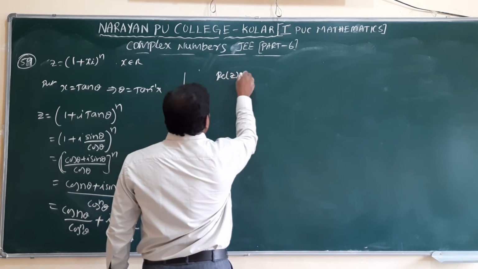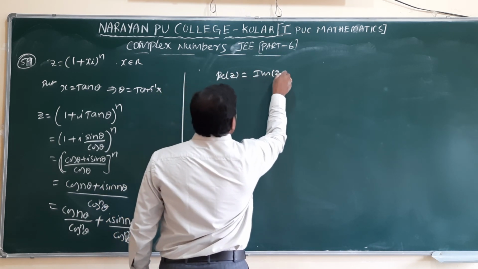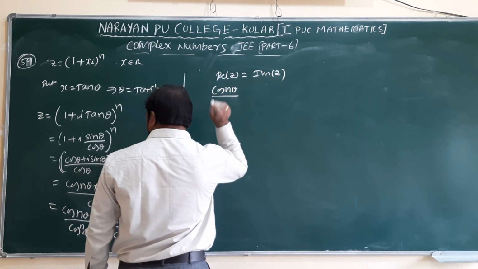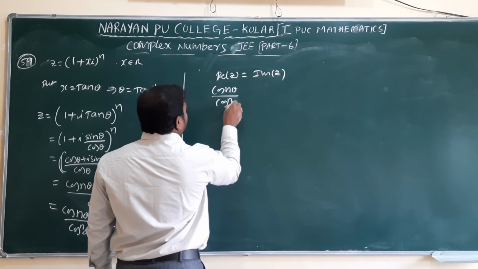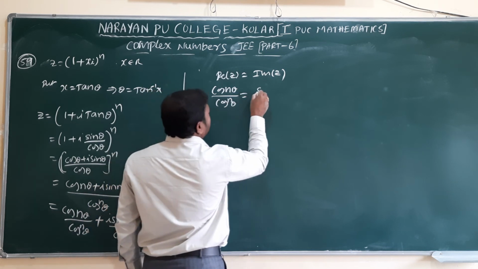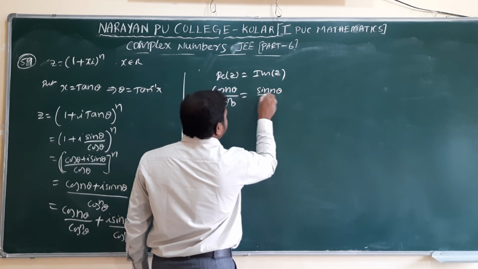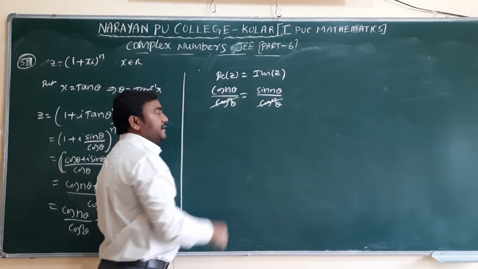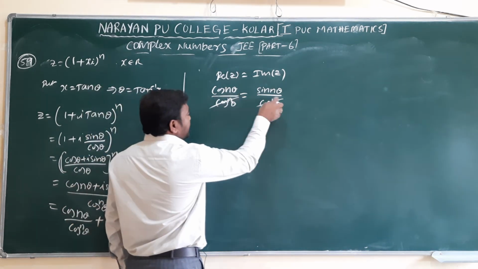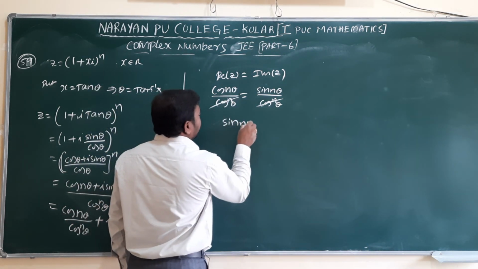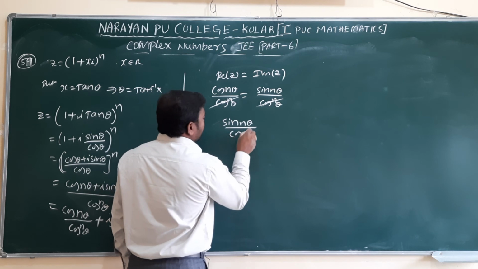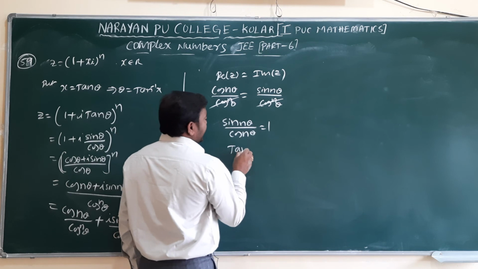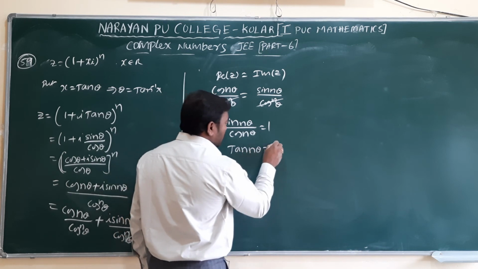The real part of z is equal to the imaginary part of z. Here cos^n theta gets cancelled, remaining sin n theta divided by cos n theta is equal to 1. It can be written as tan n theta is equal to 1.